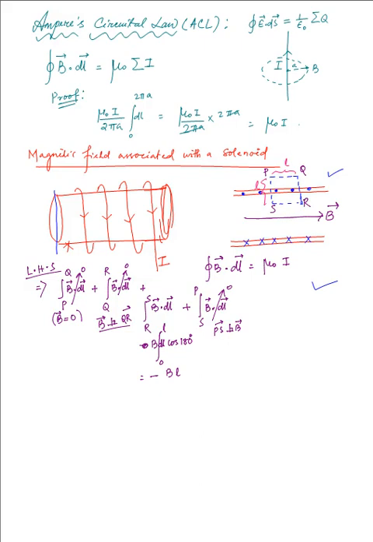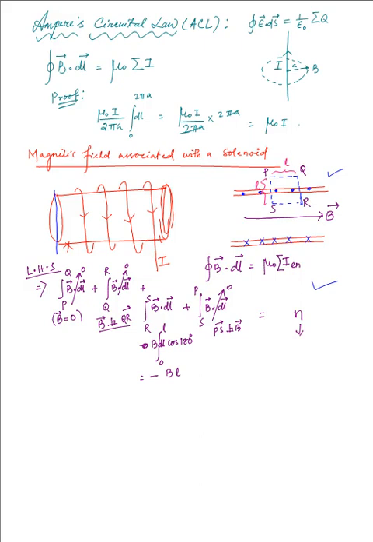Now let's move over to the right hand side. For the right hand side, we take the summation of the total current that is enclosed. The current through the wire is obviously I, but how many wires have been considered? The solenoid usually has plenty of wires which are wound very close to one another, and we usually consider the number of turns over a unit length because the total number of turns is very huge.